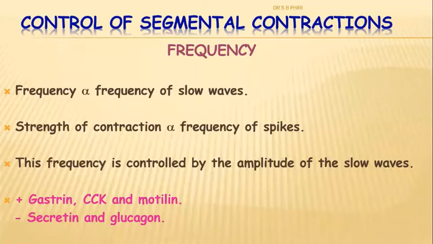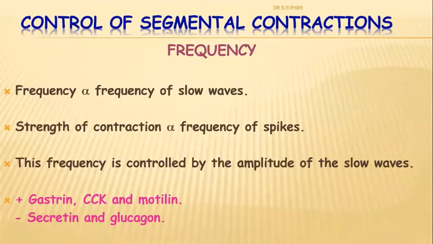They are stimulatory to the smooth muscles, for the smooth muscles to undergo depolarization, then to contract. So this frequency is controlled by the amplitude of the slow waves. If the amplitude of the slow waves is increasing, you will see a lot of spike potentials, you will see a strong contraction, and the frequency of segmental contractions is also going to increase.